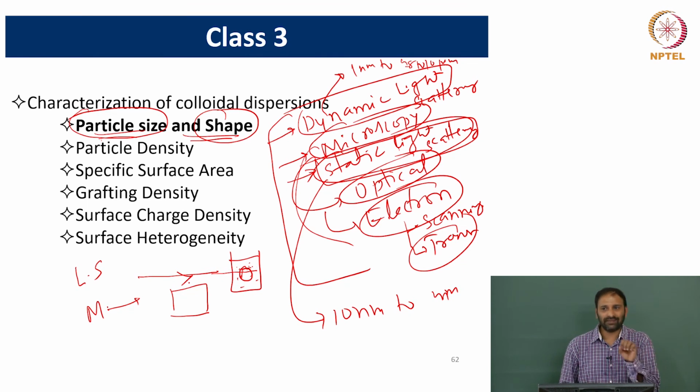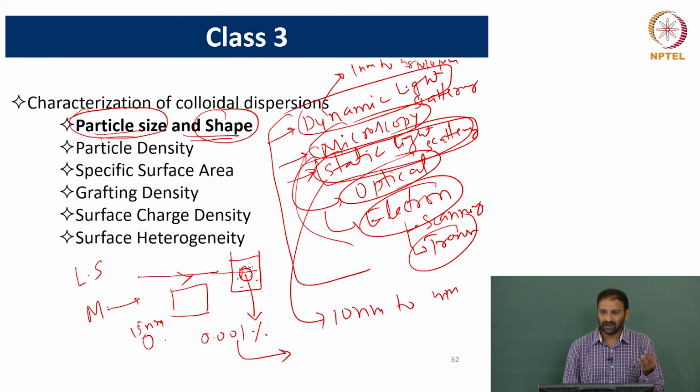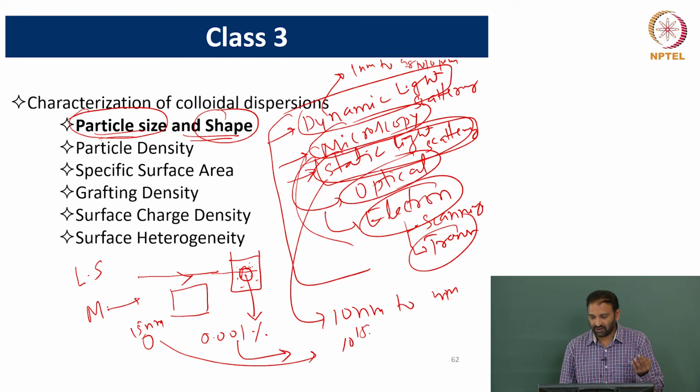In that volume, even if I take a very dilute dispersion, like 0.001 percent particles, say silica particles of 50 nanometer diameter, you can roughly calculate that the number of particles could be of the order of 10 to the power 15 or 10 to the power 13, some numbers like that.